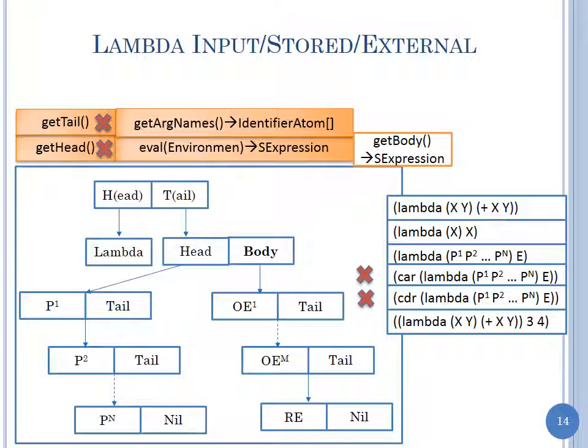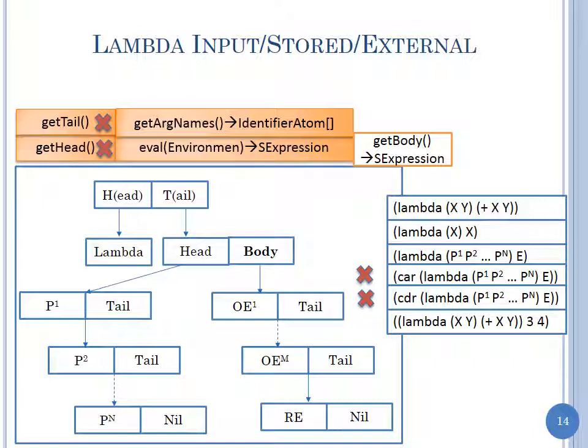Okay, so when we enter a lambda expression, we get back an object, which is this lambda atom object, and later when we have to apply the lambda object, we'll call eval on that lambda object, which will go and refer to its body. Okay, so this is information hiding here. We're not trying to give you direct access to the head and tail.